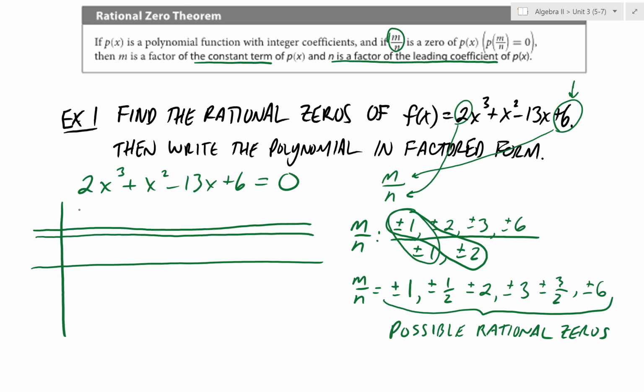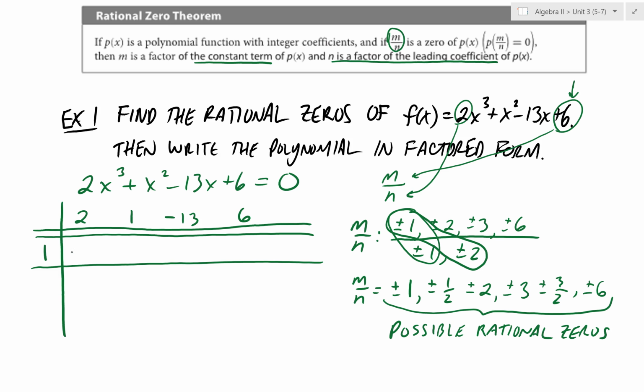So up at the top, we put all the coefficients of f of x. So that's 2, 1, negative 13, 6. And the first number I'm going to try is 1. We have our list of possible rational zeros. I'm going to try 1 first, because 1's a pretty easy number to work with.